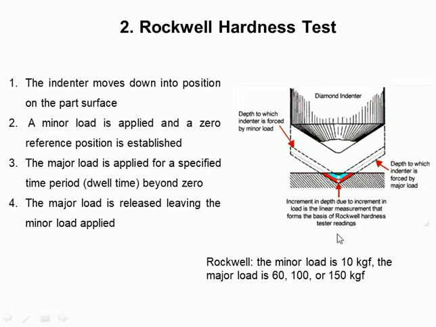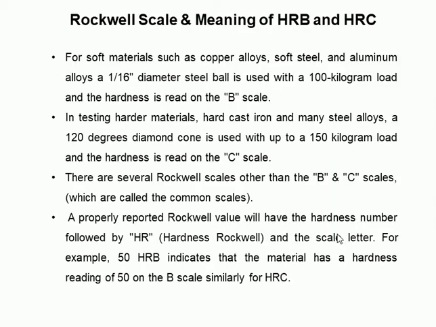This is all about the Rockwell hardness test, and this is the meaning of HRB and HRC in the Rockwell hardness test. For a soft material such as copper alloys, soft steel and aluminum alloys, a 1/16 inch diameter steel ball is used with a 100 kg load, and hardness is read on the B scale.